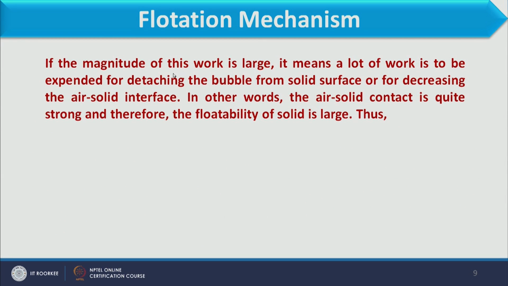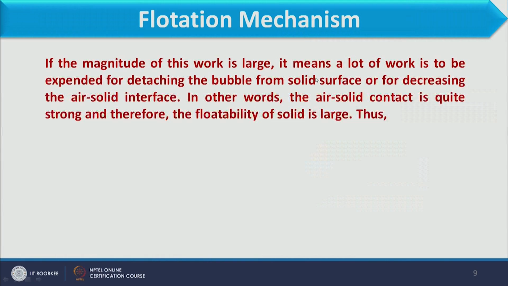Further, if the magnitude of this work is large, it means a lot of work is to be expended for detaching the bubble. Now, how does this work come into the picture? Because we are considering the energy which is lost from solid to air. When this energy is large, we have to put more effort to detach the bubble from the solid.